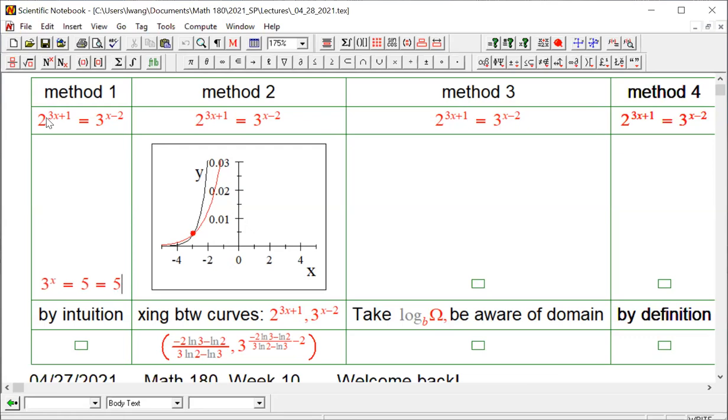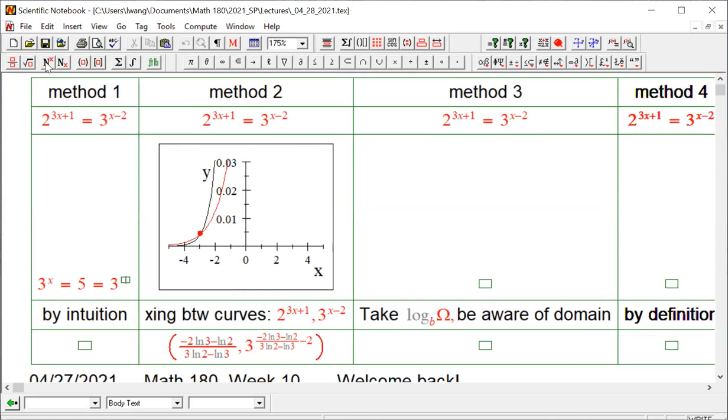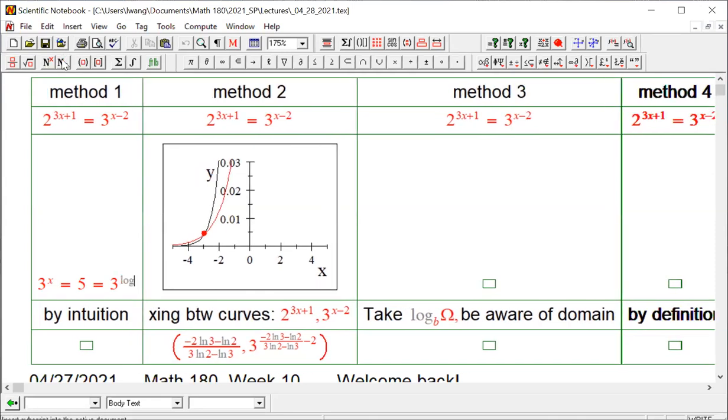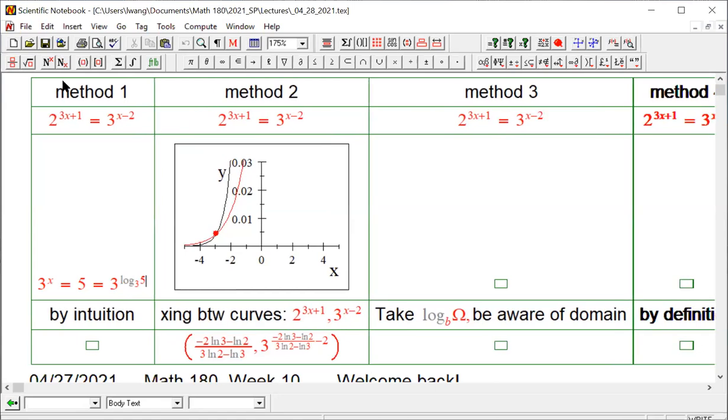We expressed 5 as 3 raised to the power of log base 3 of 5. We could totally do something similar here, but that's still not going to solve the problem.